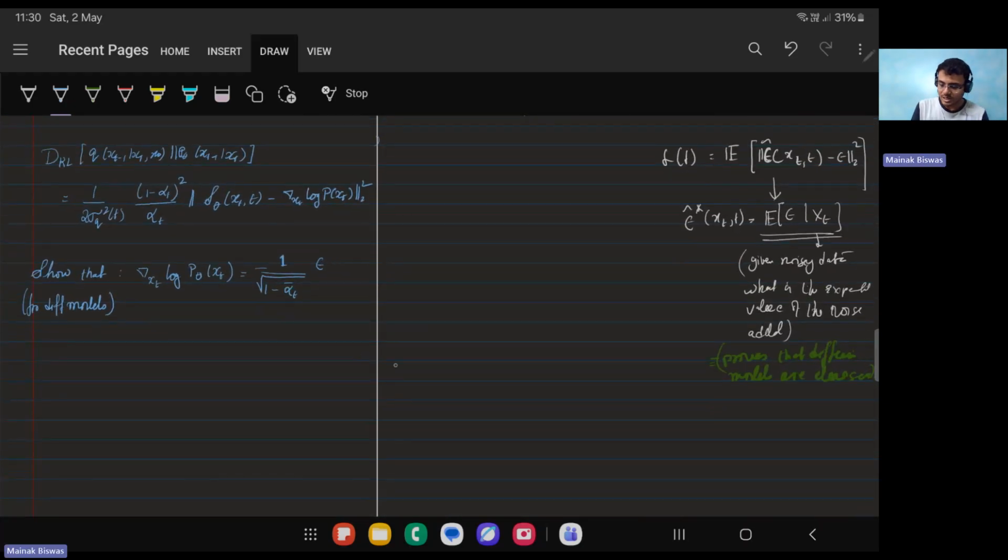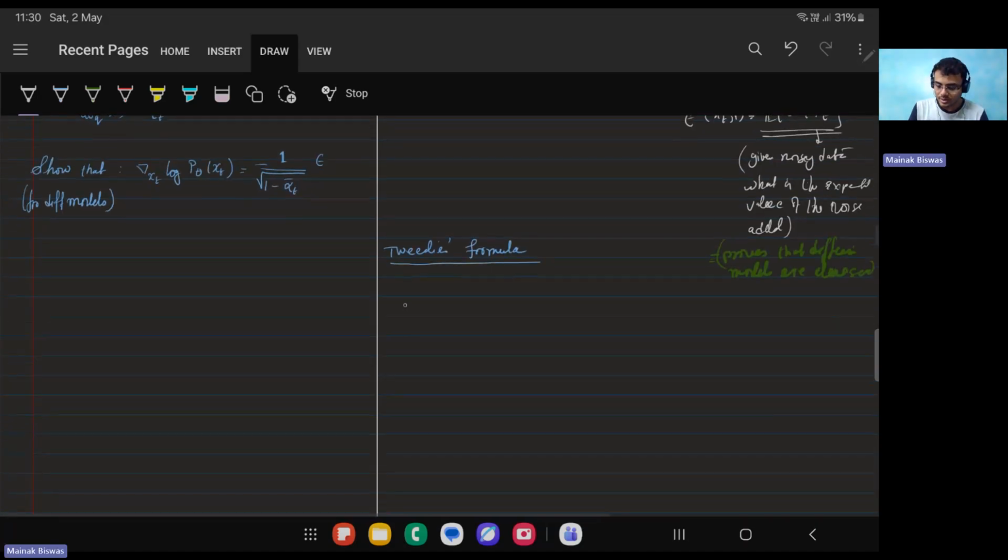Tweedie's formula states that x given y is equal to y plus n, so x given y is distributed as normal with mean y and variance sigma squared, where n is distributed as normal with mean 0 and variance sigma squared.